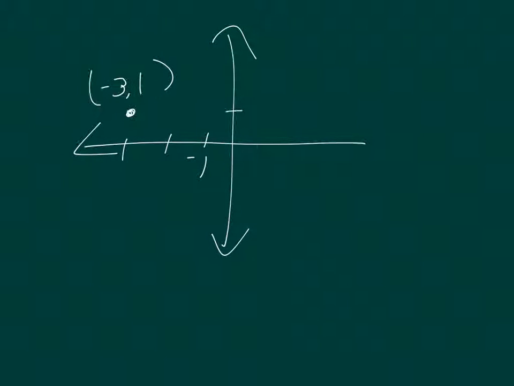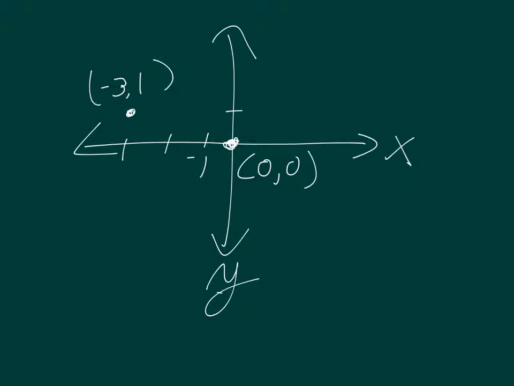That single point has two coordinates, -3, 1, to describe its location. And if I have another point right here in the middle, its coordinate is 0, 0, because I've gone 0 in the x direction and 0 in the y direction. So that point is 0, 0.